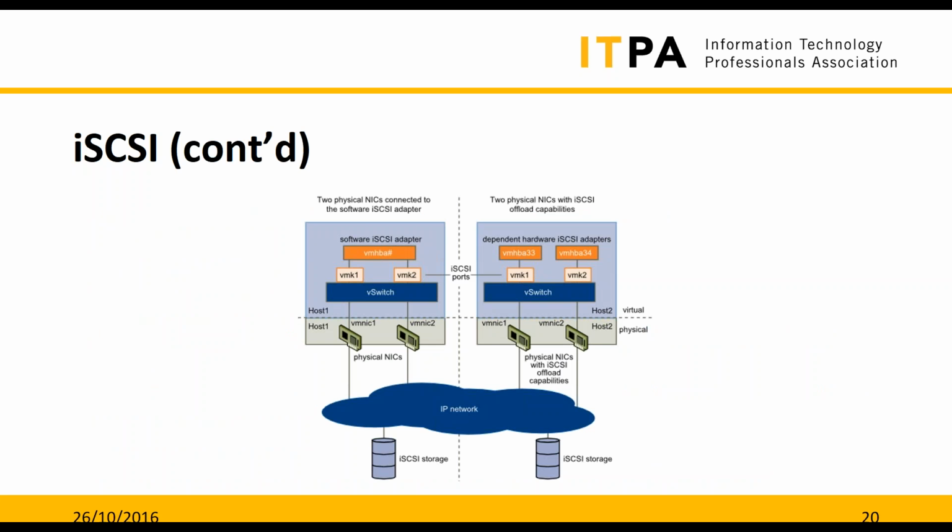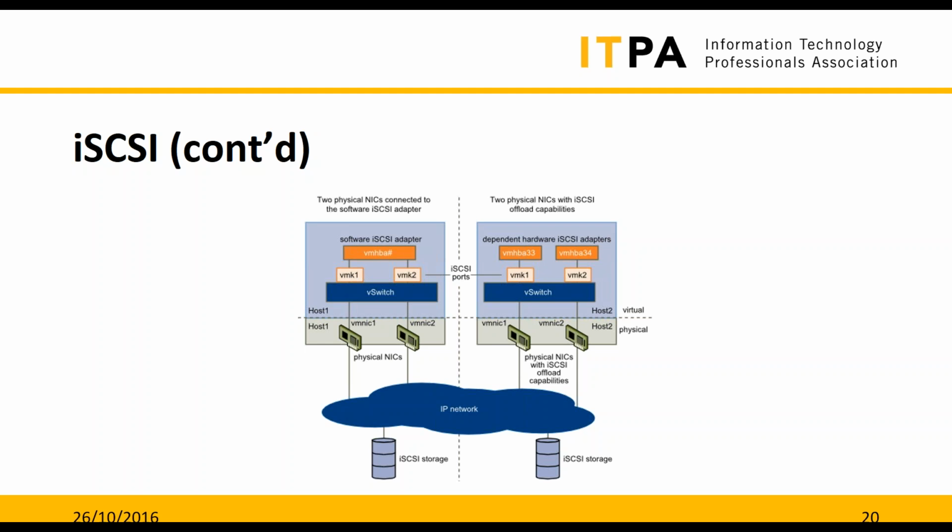So that's iSCSI, and here is again a diagram. Each one of your ESXi hosts, one on the left and one on the right, has physical iSCSI cards, or hardware iSCSI cards, on the right. The one on the left has standard Ethernet network cards. So the software iSCSI adapter is run by ESXi to provide connectivity to the VMkernel ports on the vSwitch, which are then uplinked to your physical NICs, which then carry the traffic onto your standard network.